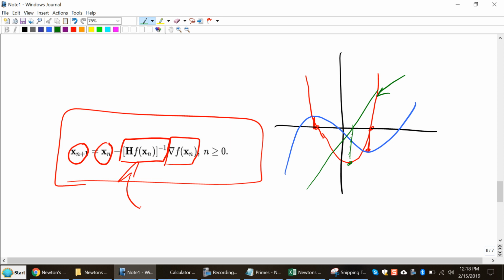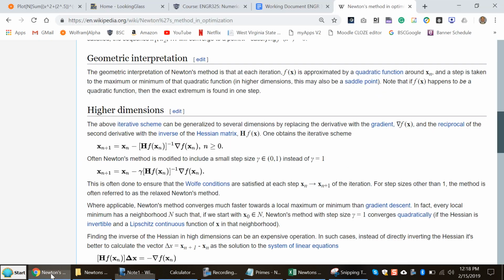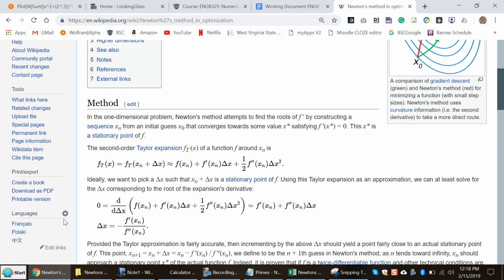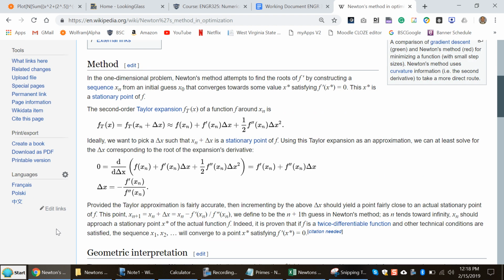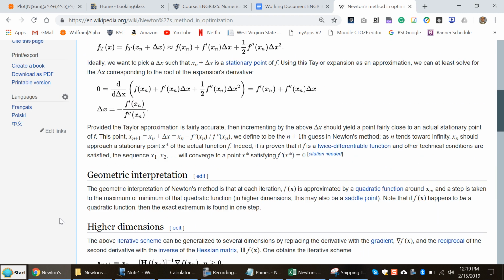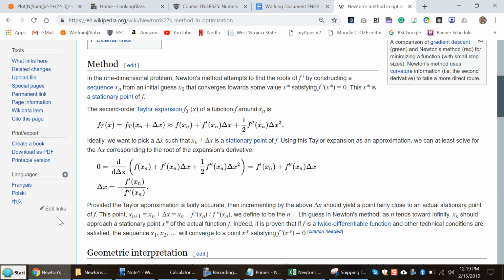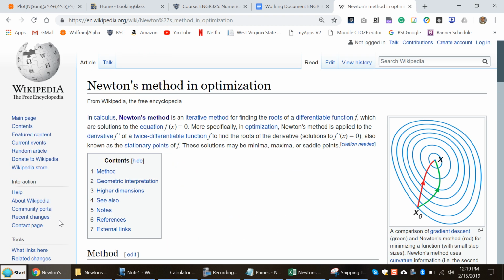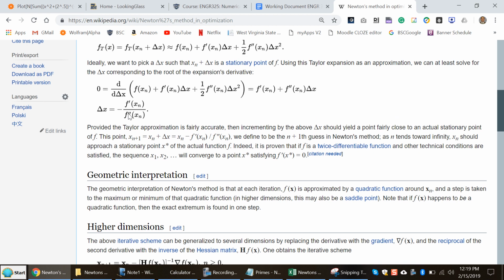All right? And if you look at this, Newton's method for optimization, they went ahead and went to multidimensional, they're using like Taylor series, but all it is is just your guess minus the evaluation of your first derivative divided by your second derivative.